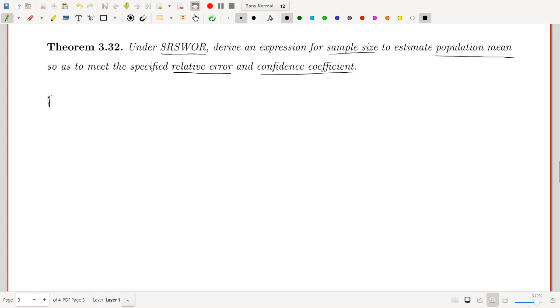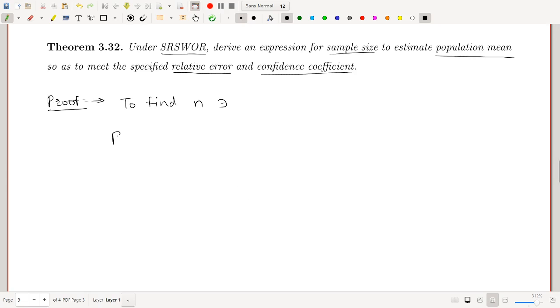So, proof of this theorem: to find n such that, here we want to estimate a population mean and the relative error is specified.